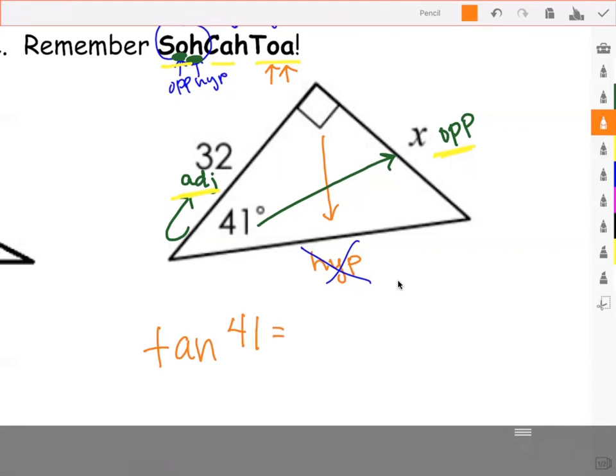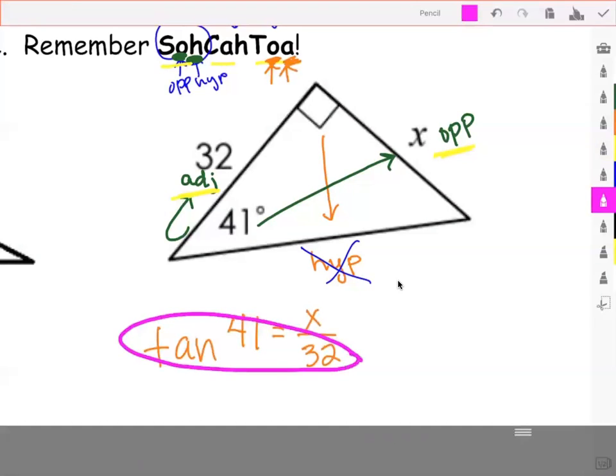So tangent of 41 equals opposite on top, and in my case, that's x, over adjacent on the bottom, and in this case, that's 32. Now I'm ready to solve. So let's cross multiply. Remember my hint to put 32 in front because it's on the bottom. So 32 times tangent of 41 equals x.